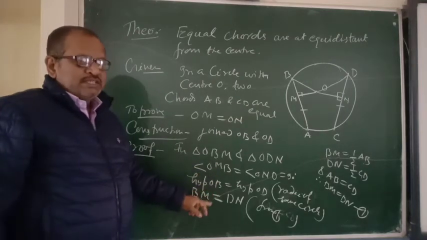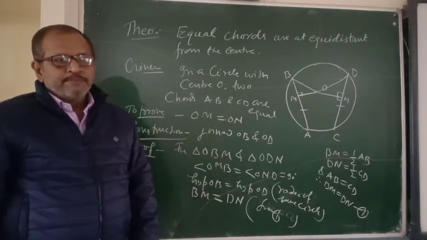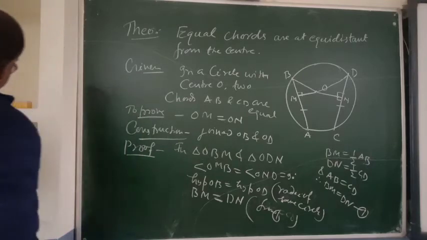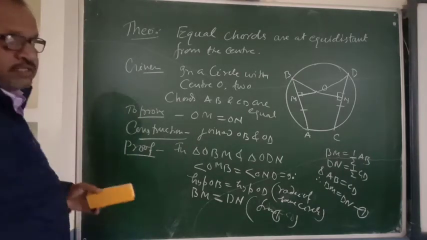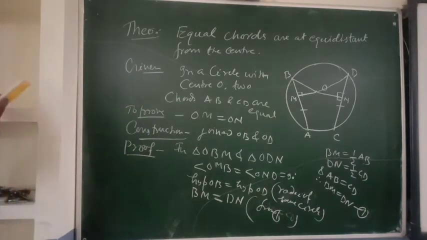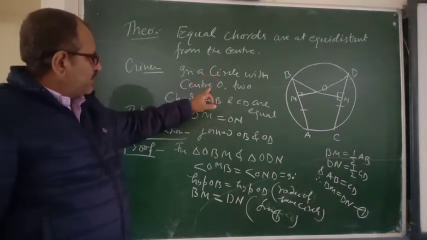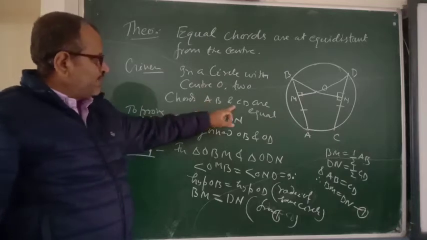So by RHS, both the triangles are congruent. Given: in a circle with center O, two chords AB and CD are equal.